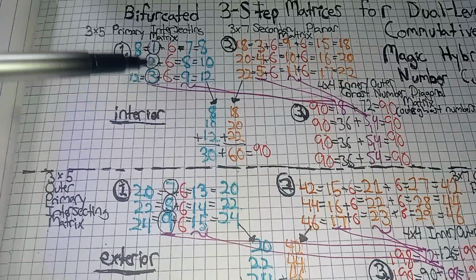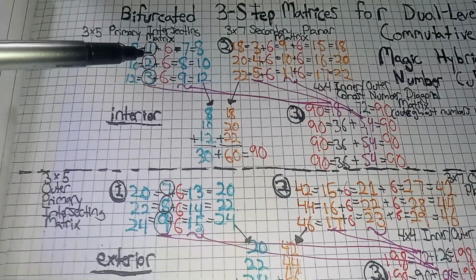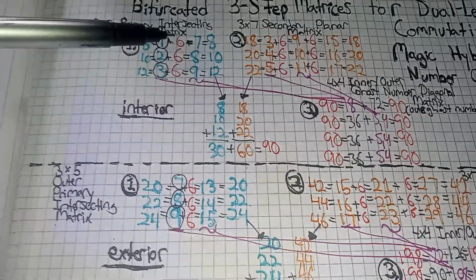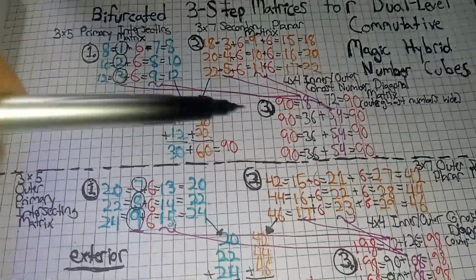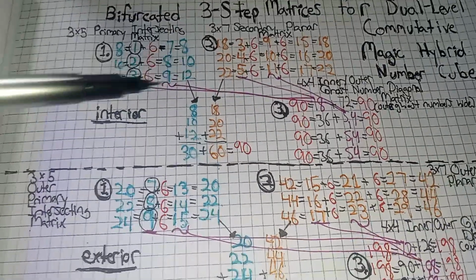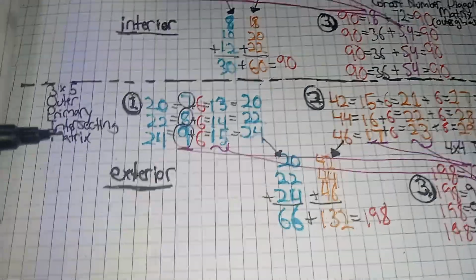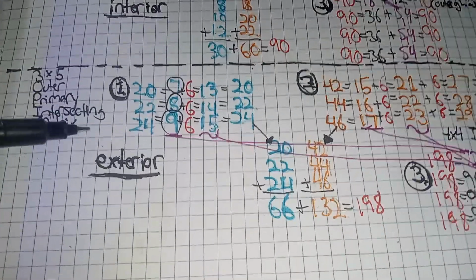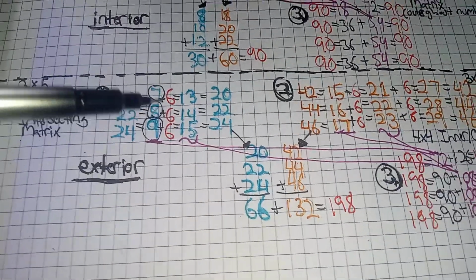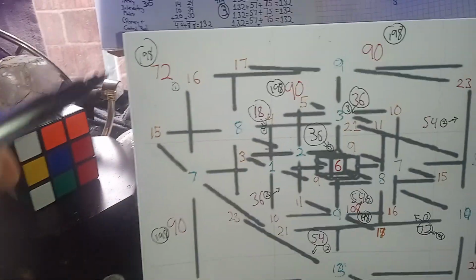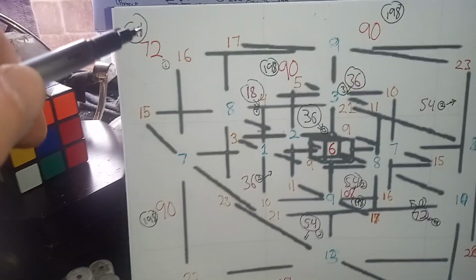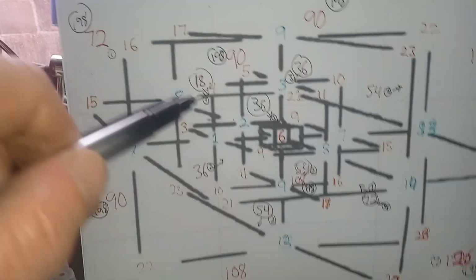You start out with the 3 inner primary numbers and the central real number, and you follow these same steps in this inner matrix, 3-step matrix, and you do the same thing with this outer primary intersecting to generate all these other ones.